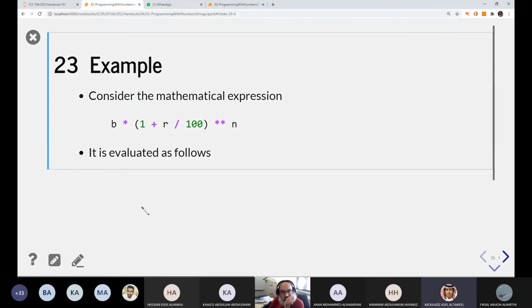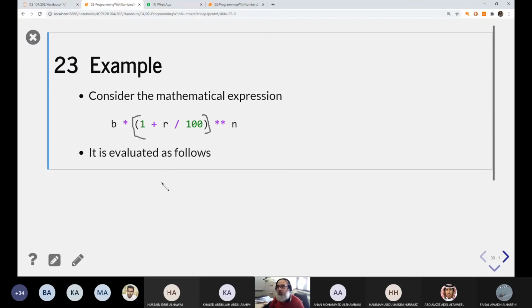Before that, what are the operators that we have? We have multiplication, addition, division, parentheses, and power. Which one has the highest precedence? Parentheses. So this is what I will concentrate on first.